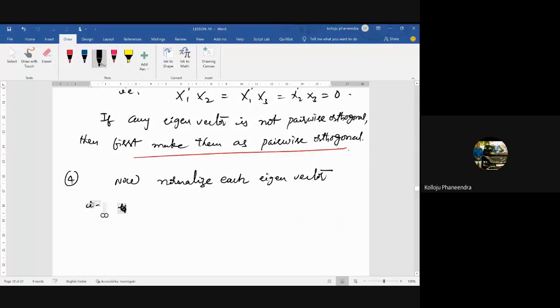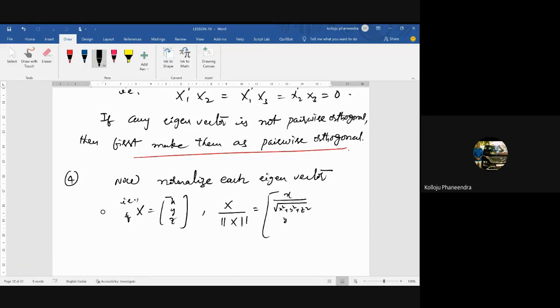If x equal to xyz, x by norm x is x by root of x square plus y square plus z square, y by root of x square plus y square plus z square, z by root of x square plus y square plus z square.